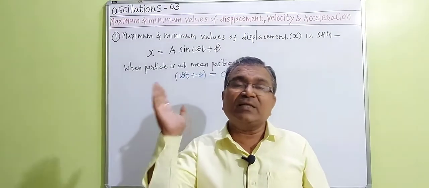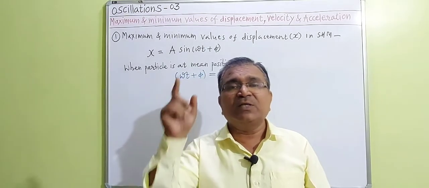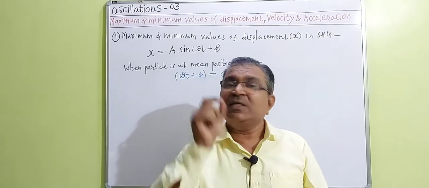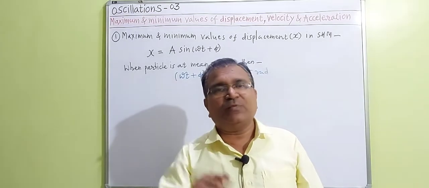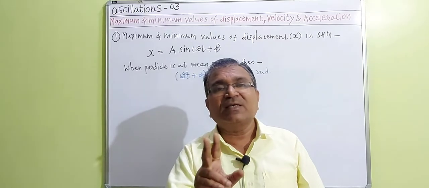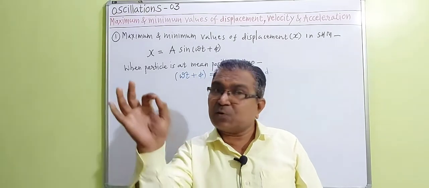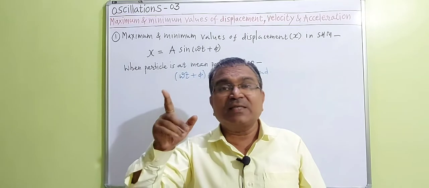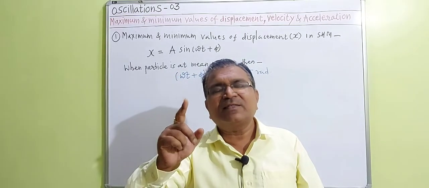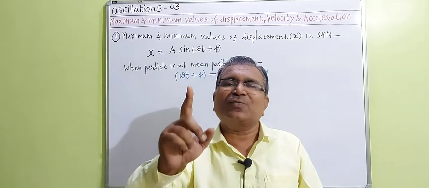While calculating the maximum and minimum values, we have to assume the particle is at mean position or at extreme position. In the last lecture, we saw two cases when the particle starts from mean position. At that time, only the initial phase angle phi is equal to 0 degree or pi radian.